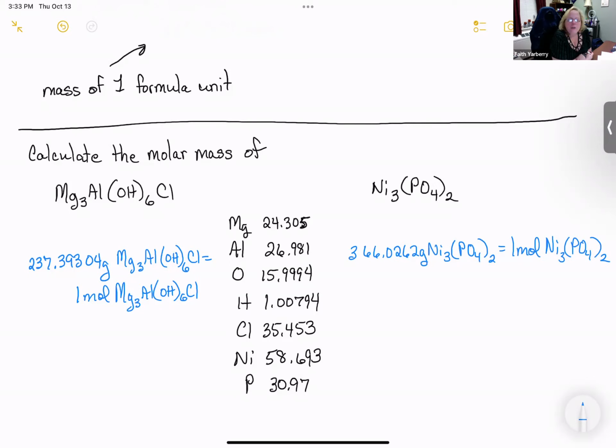And then for the nickel 2 phosphate, it was 3 nickels, 2 phosphoruses, and 8 oxygens. When you add those together, you get a molar mass of 366.0262 grams of nickel 2 phosphate is equal to 1 mole of nickel 2 phosphate. Any questions?